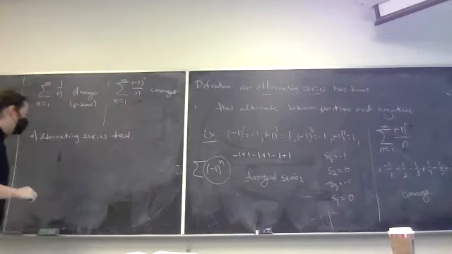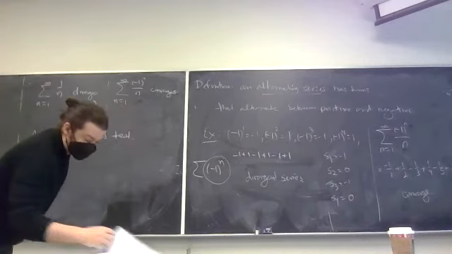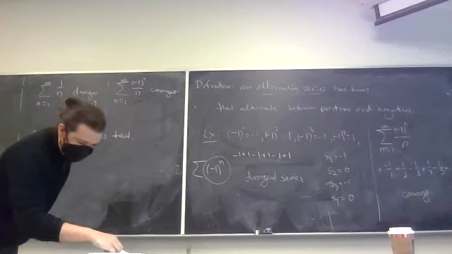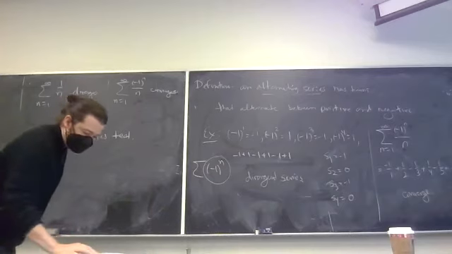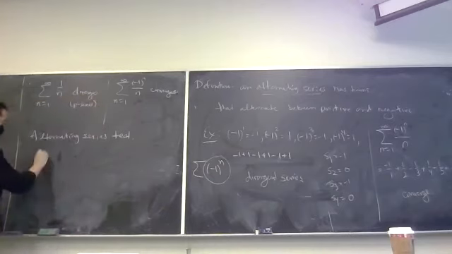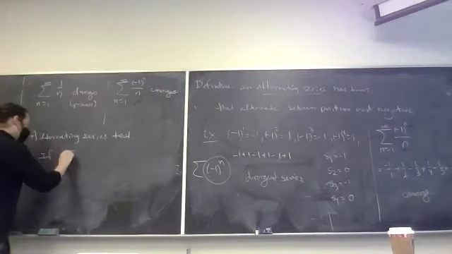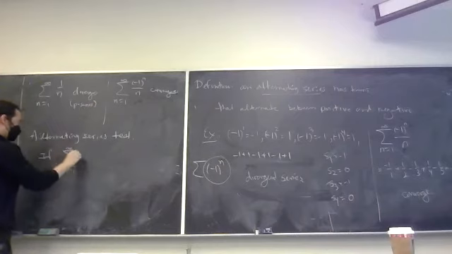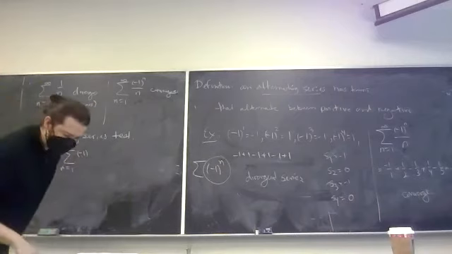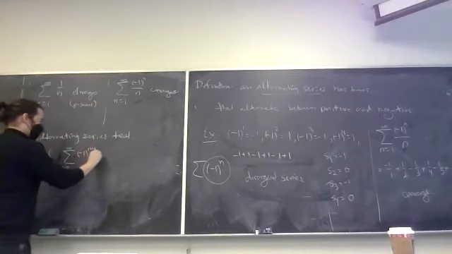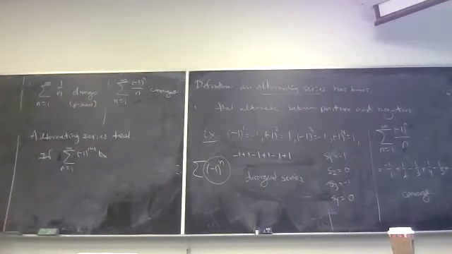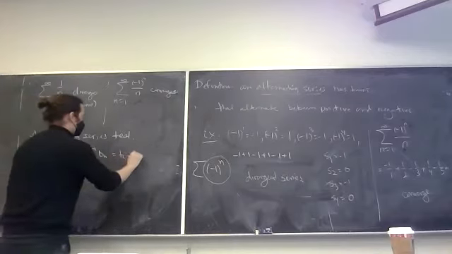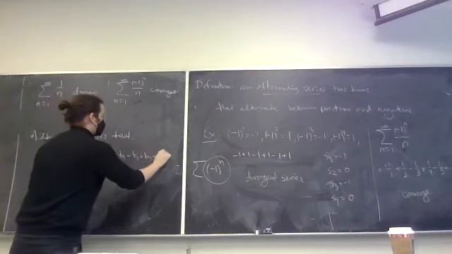Okay. What the alternating series test says is, if you have a sum specifically of the form where there's that (-1)^(n-1) in it, so you have an alternating series, which is b1 minus b2 plus b3 minus b4.